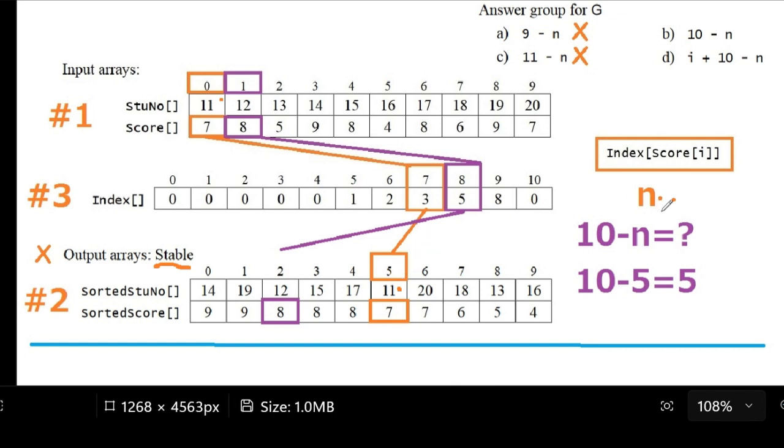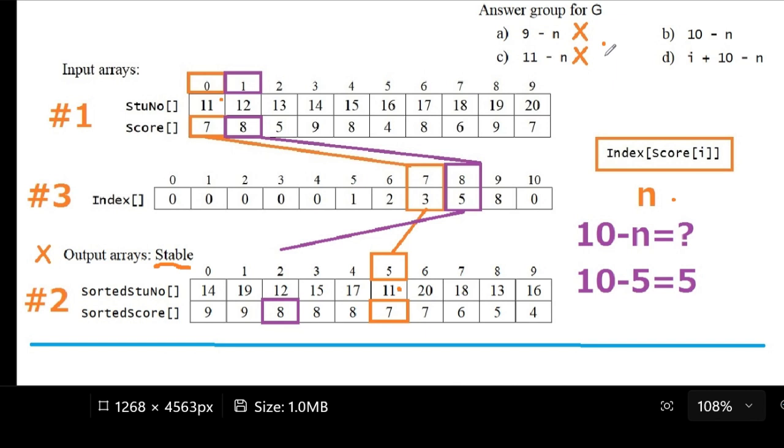The thing is, if for example 9 minus n, and our n right now is 3, then the answer would be 6. And we're going with 5, so that means that 9 minus n is incorrect.